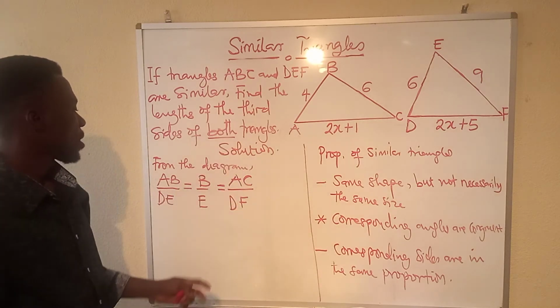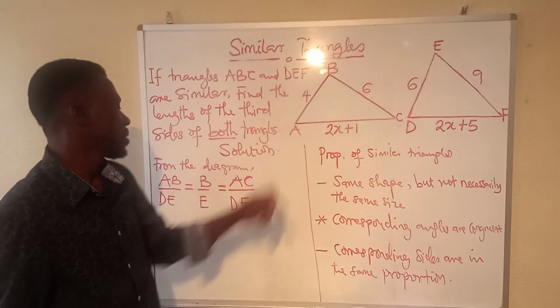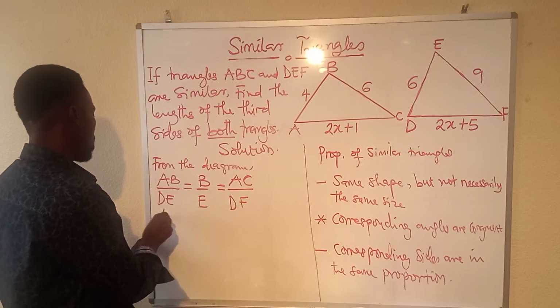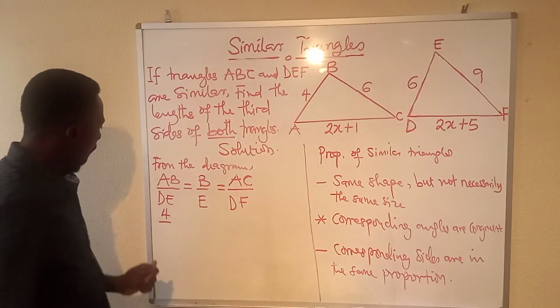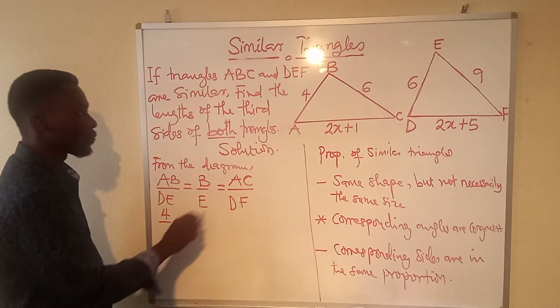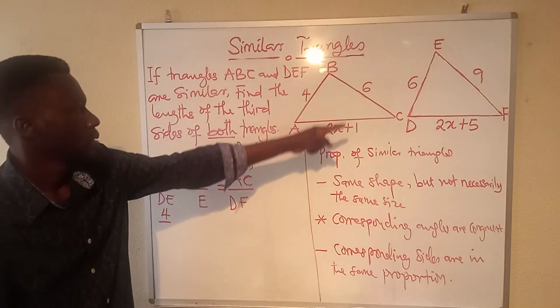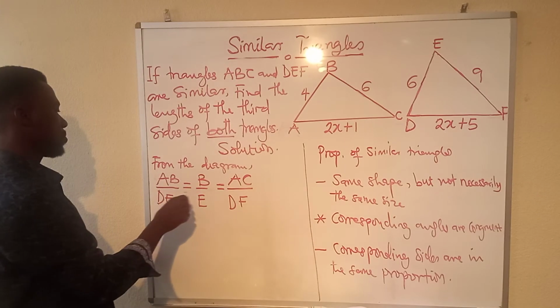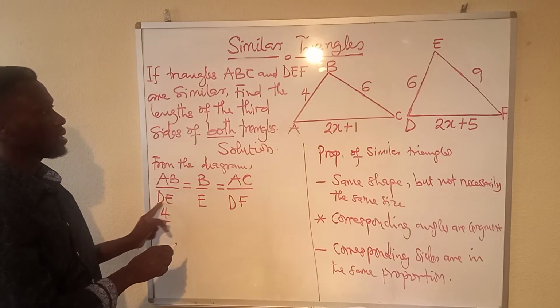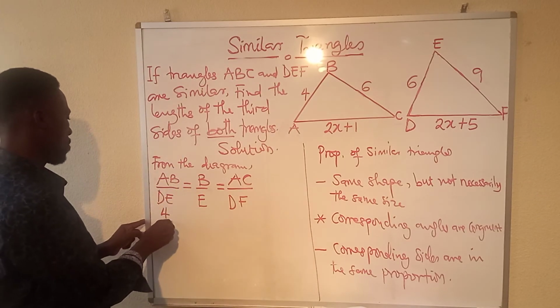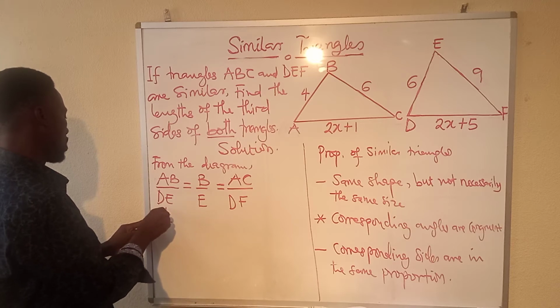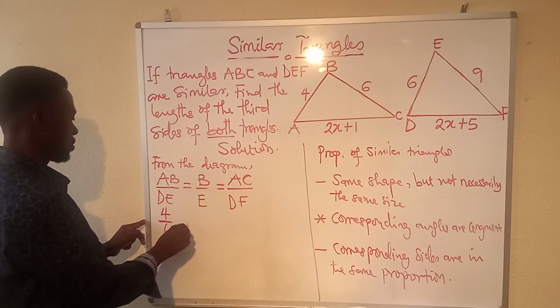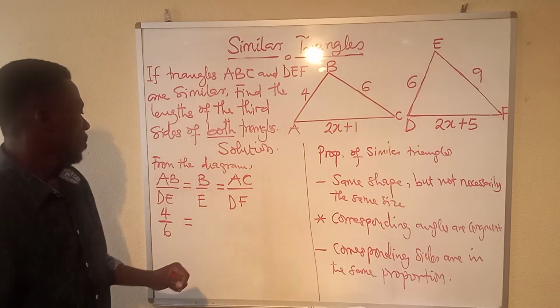So now, what is the side AB? AB is 4, so we shall have here 4 out of 6. DE is 6, so we shall have 4 out of 6. This is equal to, what is the side?